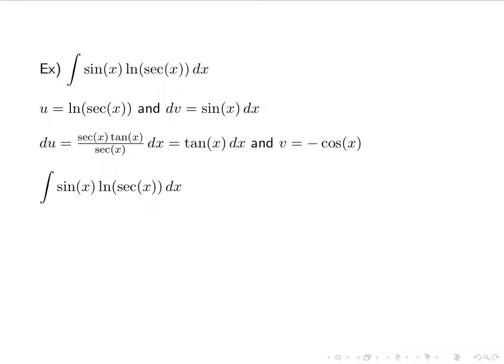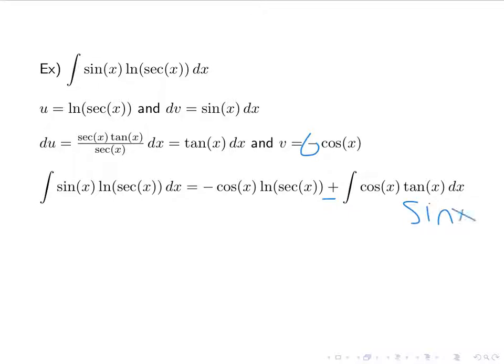Okay, so we're going to plug those into the formula for by parts. We get this guy, negative cosine x ln of secant x, plus the integral of cosine x tan x. And we have that double negative from the formula and then that negative, so I have a plus sign here. Cosine x tan x right off the bat doesn't look very pretty, but remember that tangent is sine over cosine.